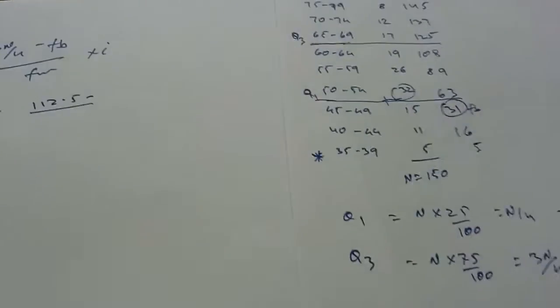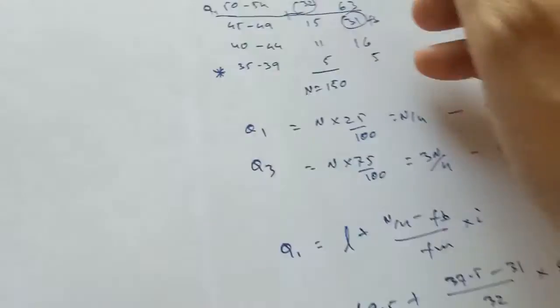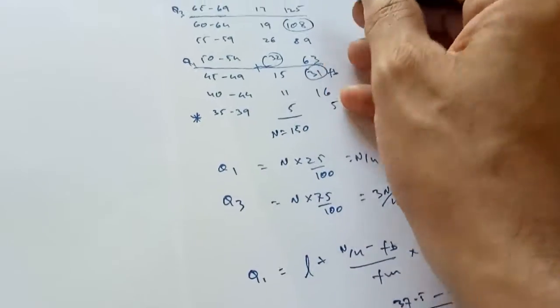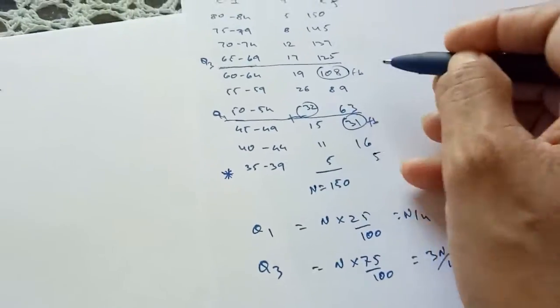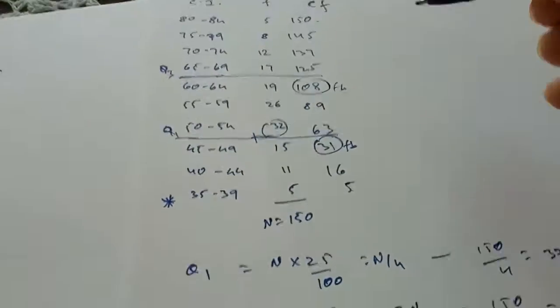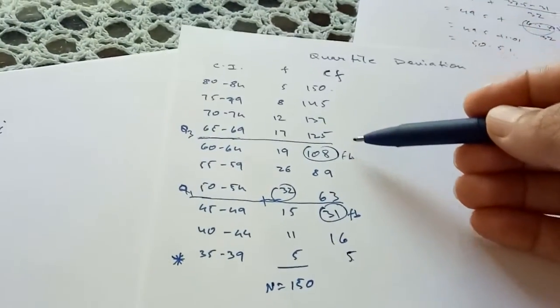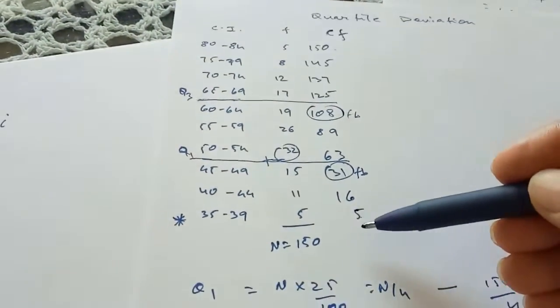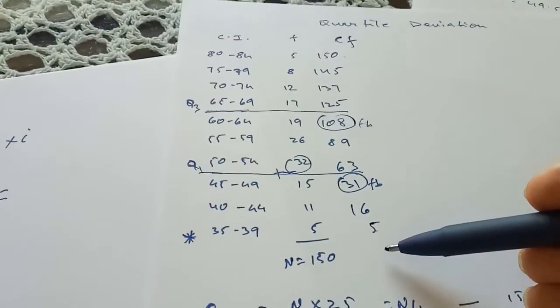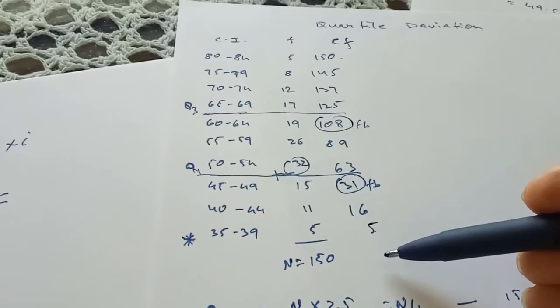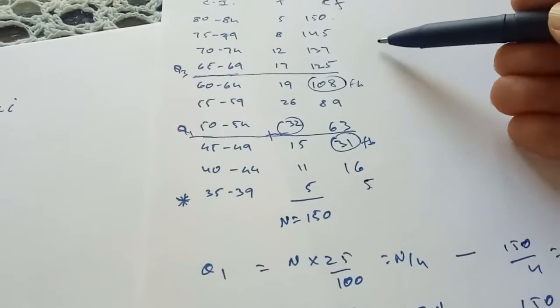112.5 minus FB. Yes, what is FB in this case? Here, look at CF, the value over here, this is FB. Just remember one thing, if the lower end is here and you are calculating the cumulative frequency, adding it up from this direction down towards here, the value of FB would be on the other side.